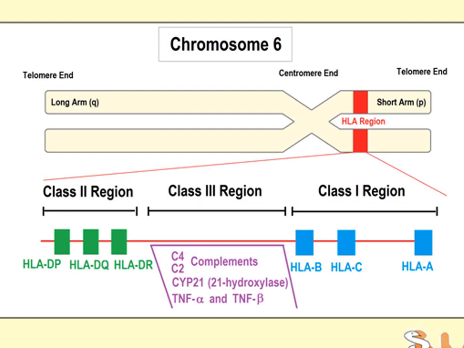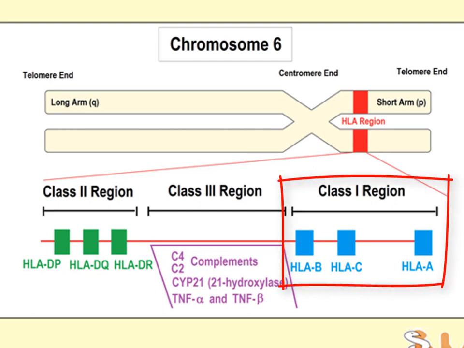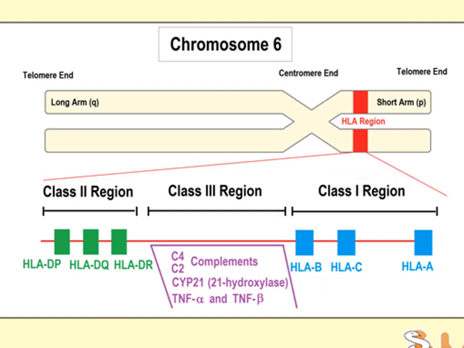And for now, in this diagram, I'm showing the HLA DP, DQ, DR, and they follow each other in the same order. By this I mean DP is mostly towards the centromere, and DR is towards the telomere end of the short arm. Then in blue, I'm showing HLA B, C, and A in the same order. Means that HLA A is closer to the telomere end, and the HLA B is closer to the centromere end of the chromosome 6.